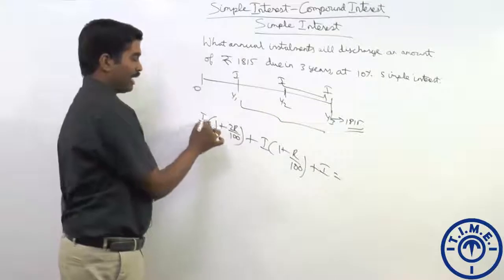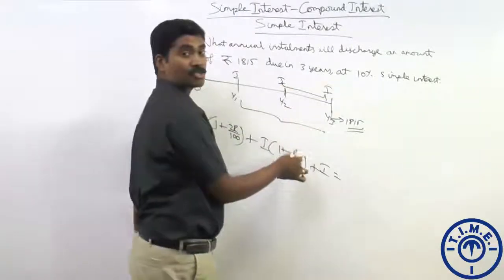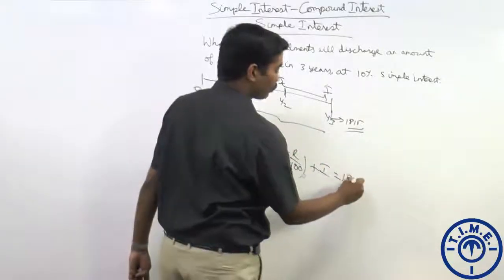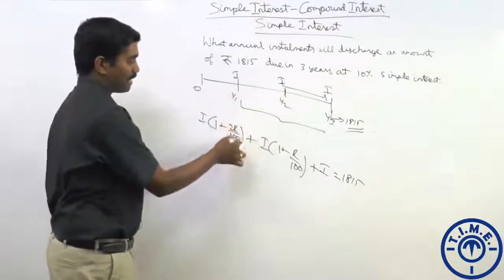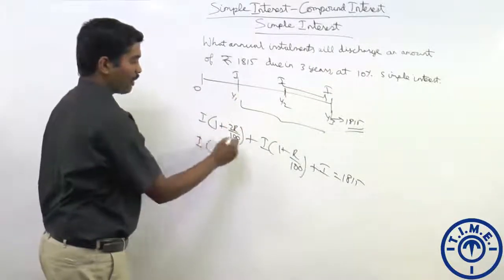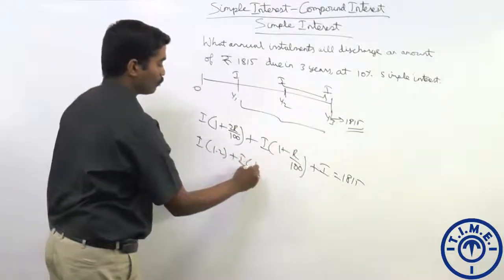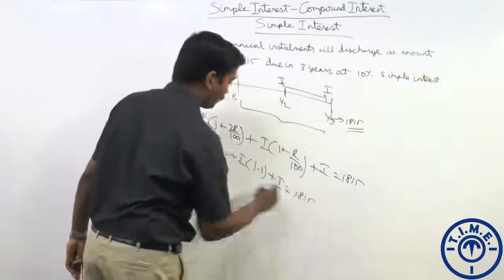First amount that I pay and interest on the first amount, second installment and the interest on the second installment, and the third installment I pay should be equal to 1815 rupees. I know R is 10 by 100, so I into 1.2 plus I into 1.1 plus I is equal to 1815.